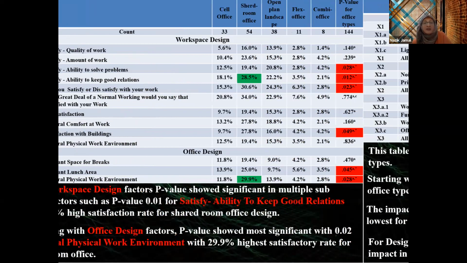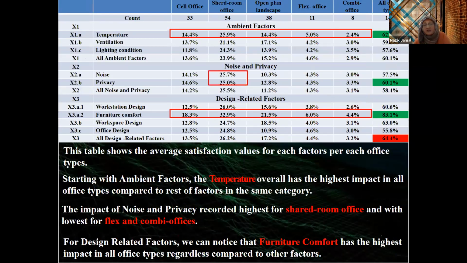In this table, we take the average satisfaction value for each factor per each office type. If we start with the ambient factor, we can see that the temperature has the highest impact in all office types. And in the noise and privacy, we can see that the highest percentage is recorded in the shared room office, and the lowest is in the cubicle and flex office.